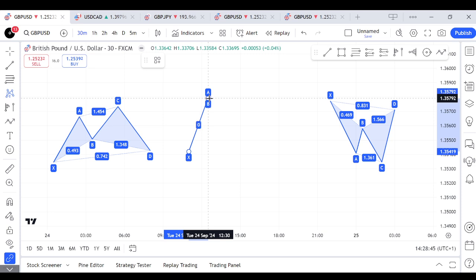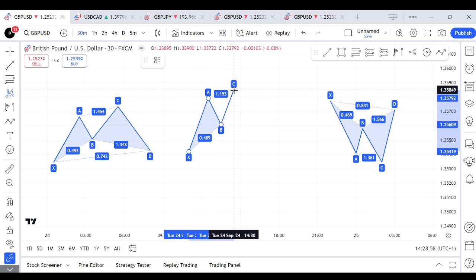Next, look for the retracement from point A to point B. Now, point B should retrace between 38.2% to 61.8% of the X to A leg. So I'm going to add the Fibonacci just after this to measure all of that.